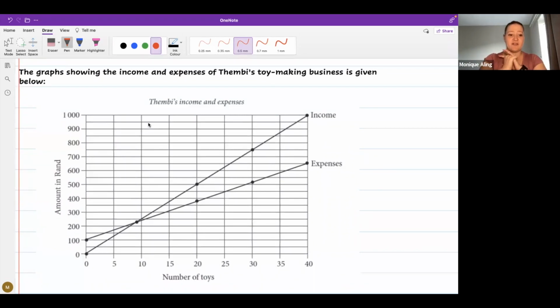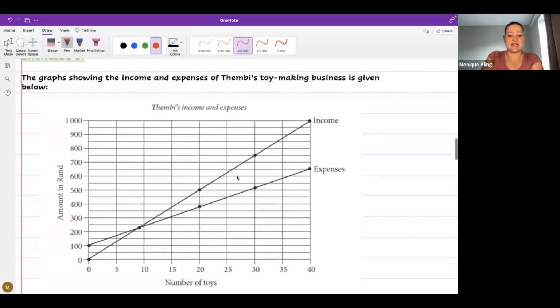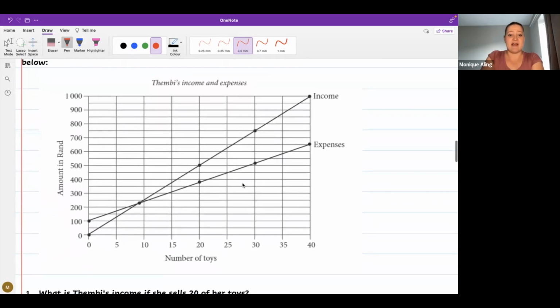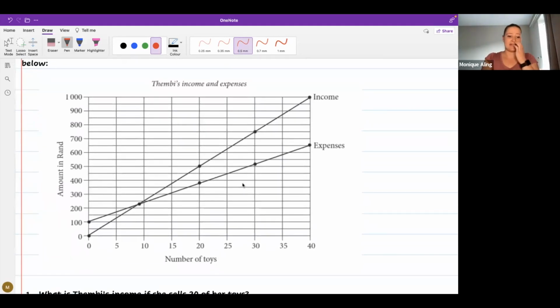It says the graph showing the income and expenses of Tembi's toy making business is given below. Okay. So again, welcome to take a screenshot of this. We have our heading, our axes have been labeled. We have our amounts on the y-axis, the number of toys on our x-axis, and we've got our 2 lines.